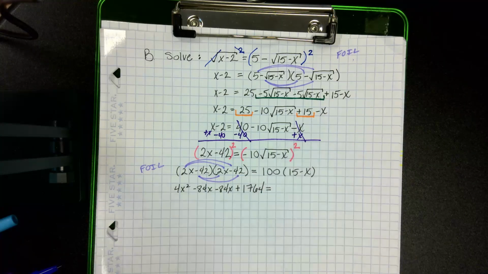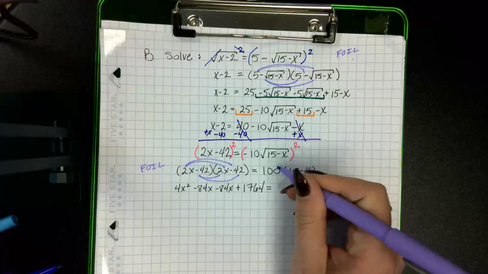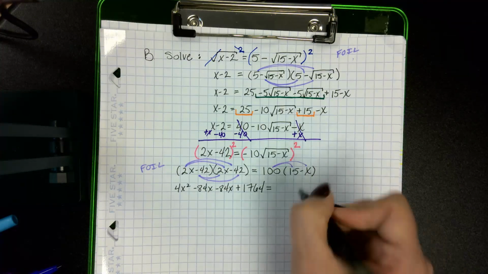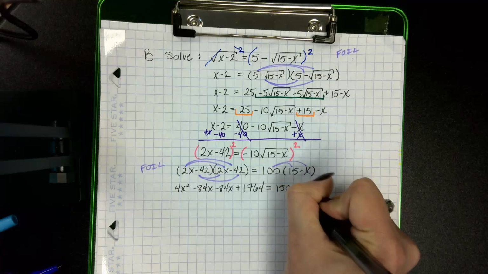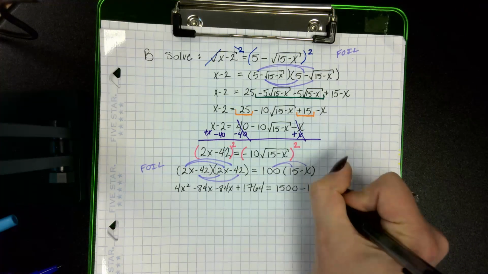And it equals, on the right-hand side, I have 100 times parentheses. So I'm going to distribute the 100 into the parentheses. 100 times 15 is 1500. 100 times negative x is negative 100x.